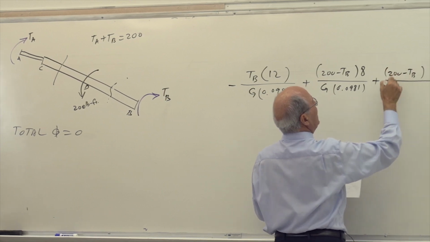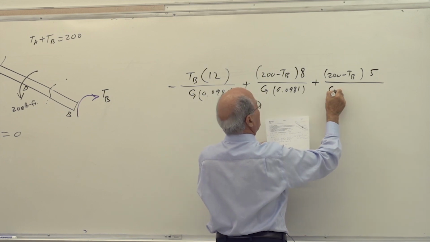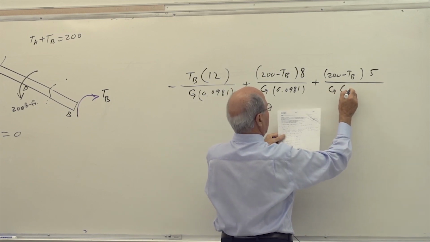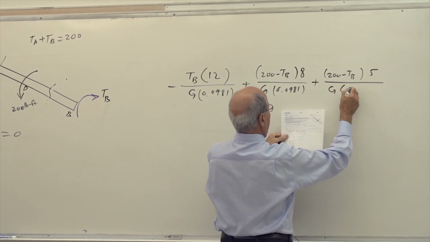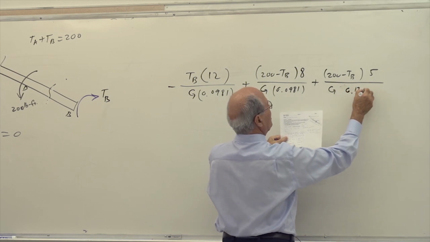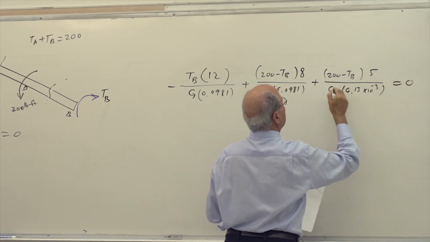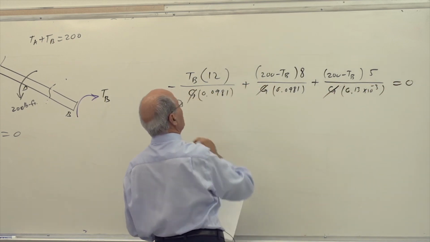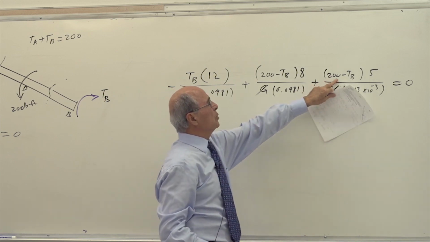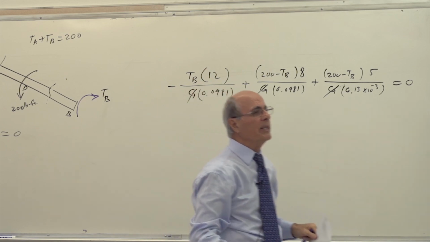So you can replace that any way you want to, times 5 divided by G times 6, I'm sorry, that one is 6.13 times 10 to the power of minus 3. And since this is equal to 0, G and G and G drops out. You can change that to T. Some of you wrote it like that, TA. This one will be 200 minus TA.